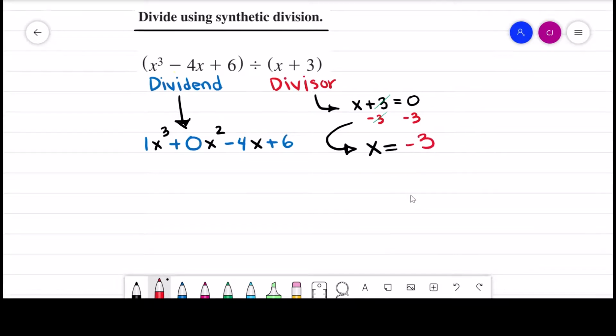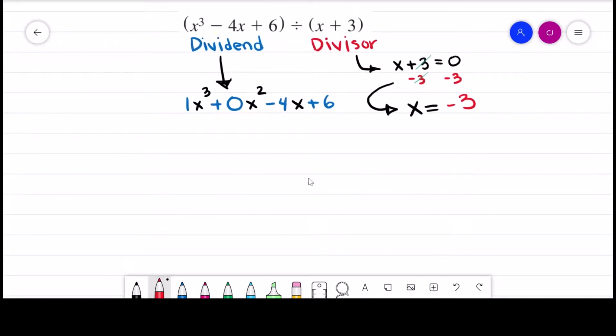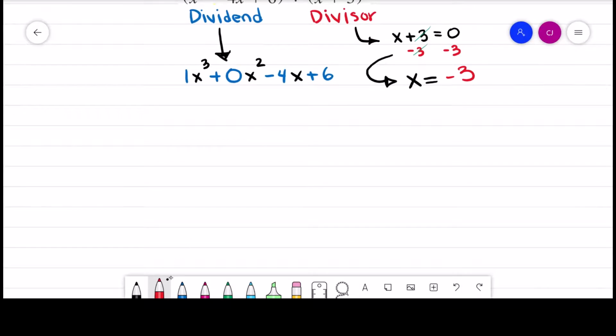Okay, so what I'm going to do after is draw my upside down division bracket for synthetic division. I'm going to take the numbers of my dividend, 1, 0, -4, and 6, and put them inside of my upside down division bracket.